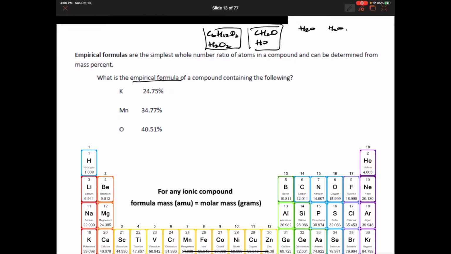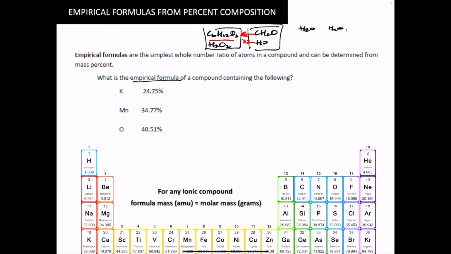But what we know is that the actual molecular formula is some multiple of the empirical formula. This one's times 2. These both happen to be times 2, but you could be times 3. Okay, so let's do this. The way I approach this problem is, step 1, assume percentage is grams.